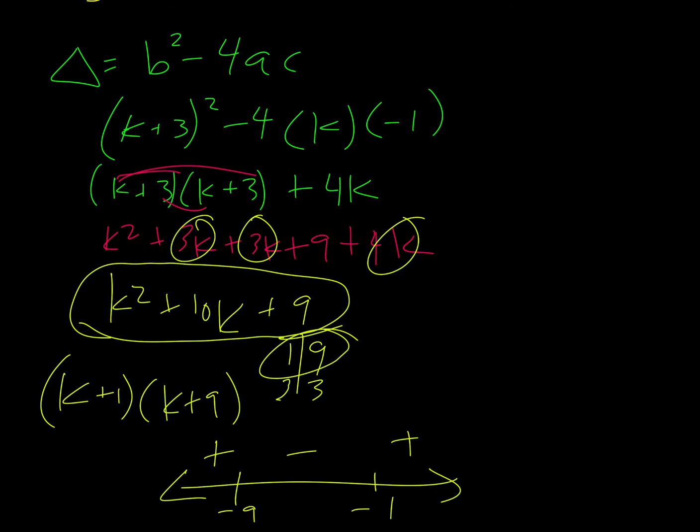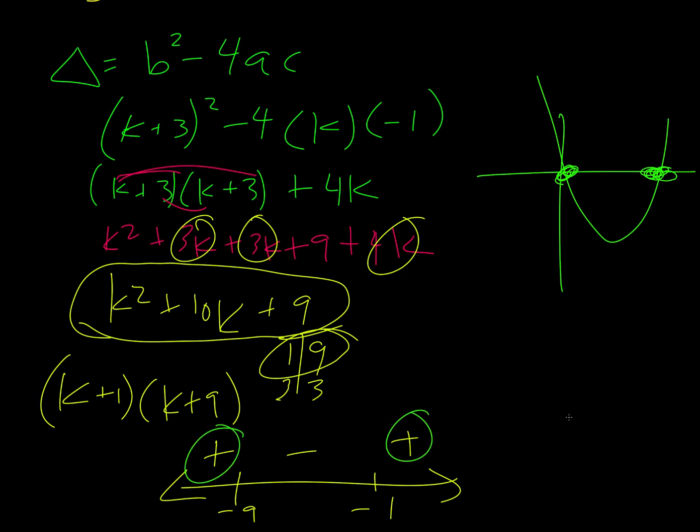Okay, so the first question that it asks, and we're just going to answer it from this sign diagram, says cuts the x-axis twice. So we want to know the situation where it does this, and there's two values right here. And so we're going to do that based on these positive values. And so when k is less than negative 9 or k is greater than negative 1, then that's true.